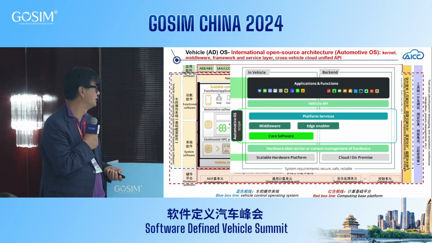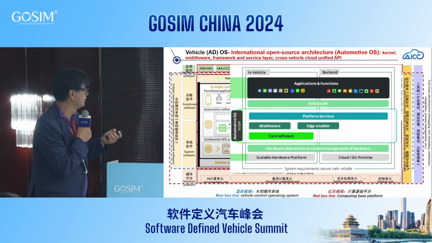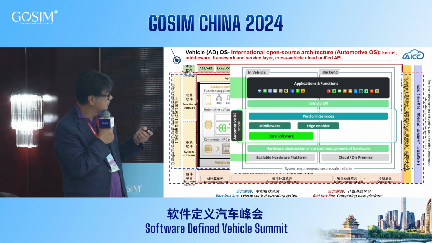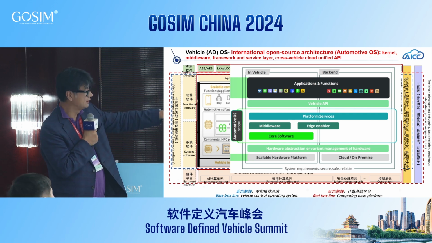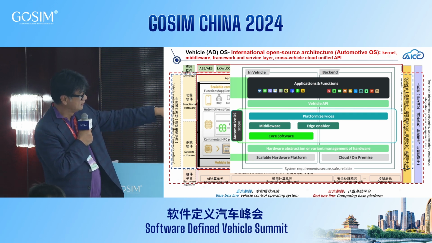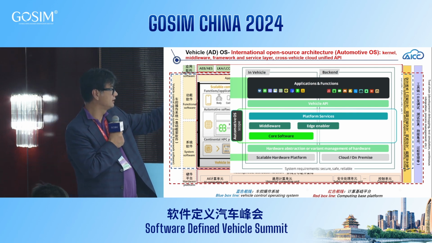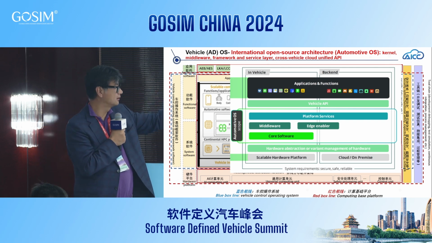That's ETAS, probably, or Elektrobit, I forgot. They use the Clearwater automotive OS, still a common layer with different hardware. In the core software about middleware, everybody knows, but they have a service layer and vehicle API covering in-vehicle, the backend, and the cloud side.